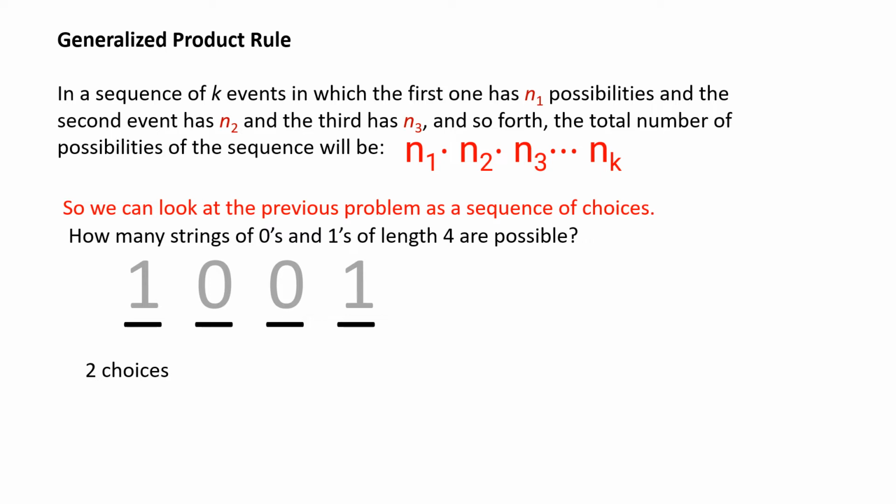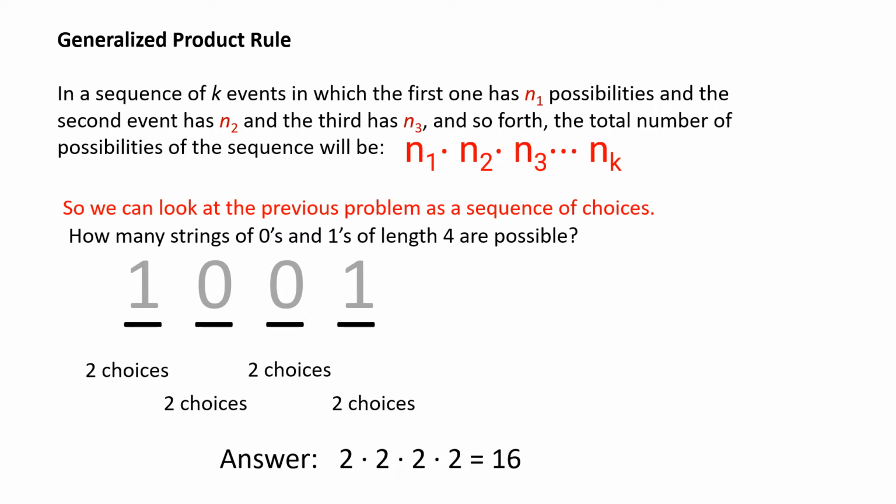So that would represent my n sub 1. Then I would go on to my next choice, what I would put in that second slot, and how many possibilities are there? Again, 2 choices, and 2 choices for the third slot, and 2 choices for the fourth slot. So the generalized product rule says that the total number of possibilities for this situation would be multiplying all of those numbers of choices together. So 2 times 2 times 2 times 2 would give us 16.